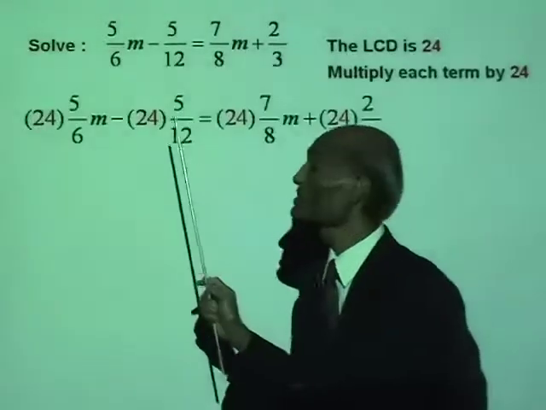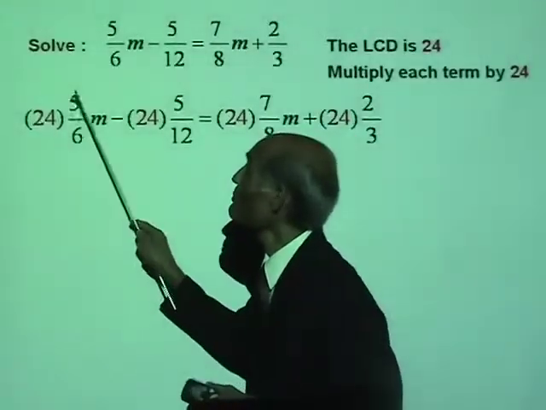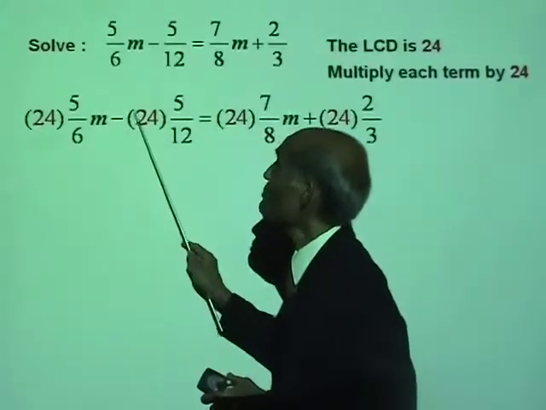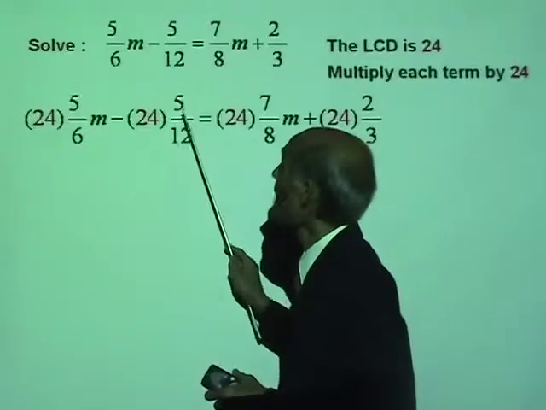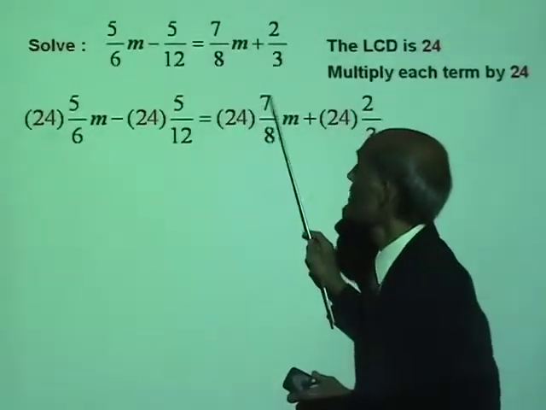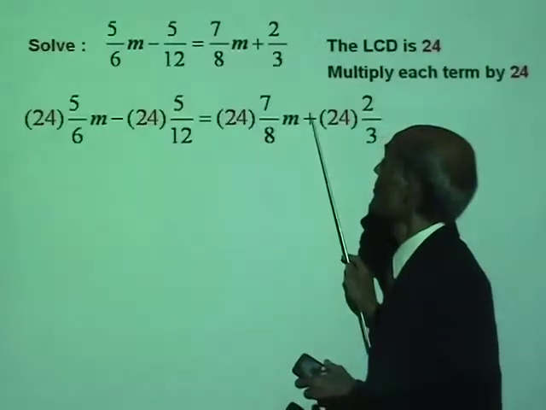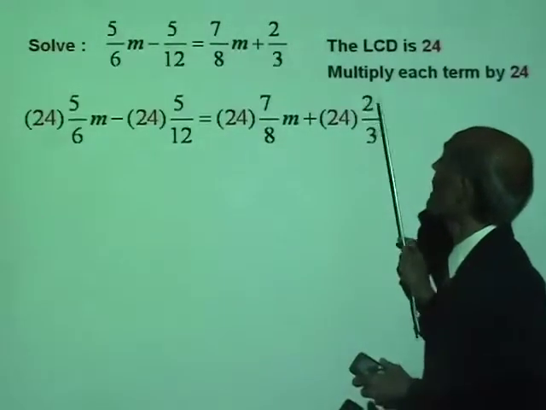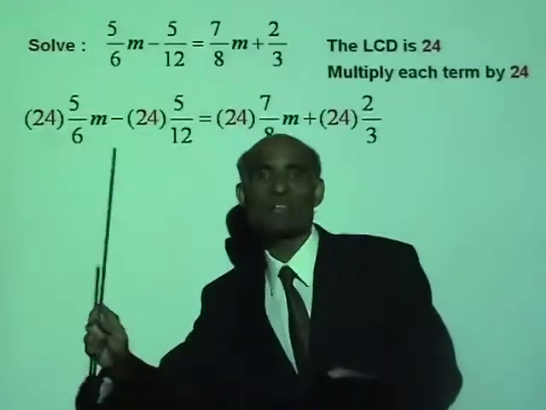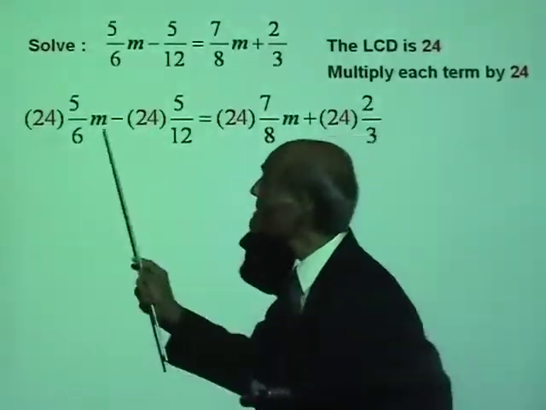And watch how I do this. 24 multiplied by 5 over 6m minus 24 multiplied by 5 over 12 equal to 24 times 7 over 8m plus 24 times 2/3. You multiply each term by 24. Now we simplify.